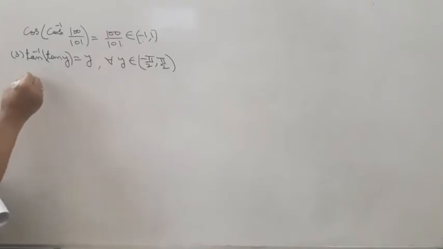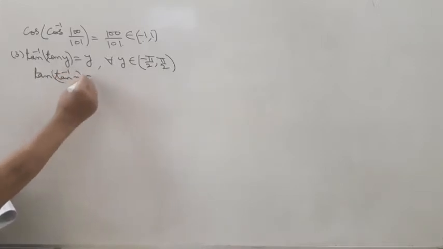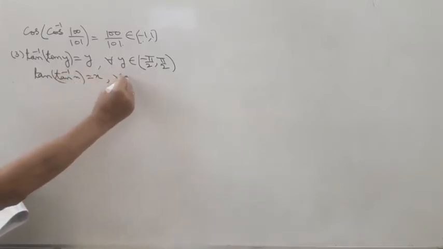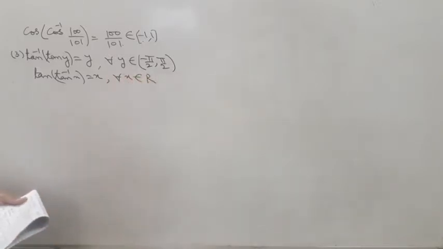And the second in this case is tan of tan inverse x, which is equal to x for every x belonging to R. That is the domain of this case.